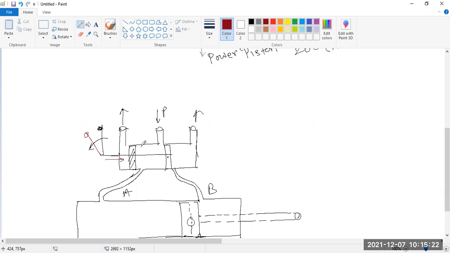So this position will come over here. I am giving the bold line so that you can understand this position.